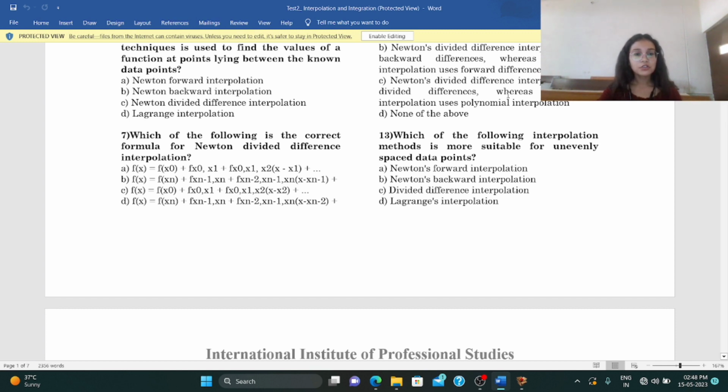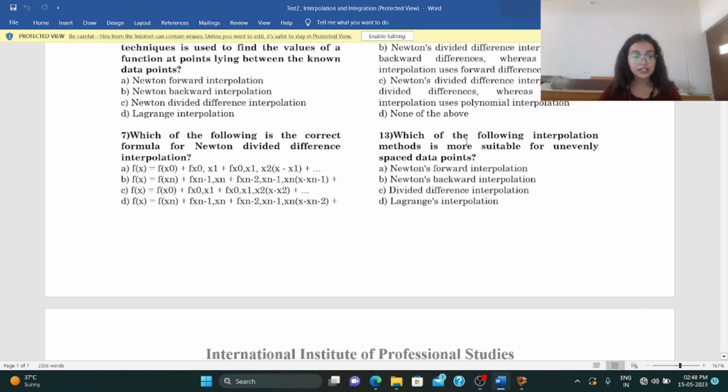Now, C. Function of x equals function of x0 plus function of x0, comma x1 plus function of x0, x1, x2, bracket x minus x2 plus and the series continues. D. Function of x equals function of xn plus function of xn minus 1, comma xn plus function of xn minus 2, comma xn minus 1, xn, bracket x minus xn minus 2 plus and the series continues.